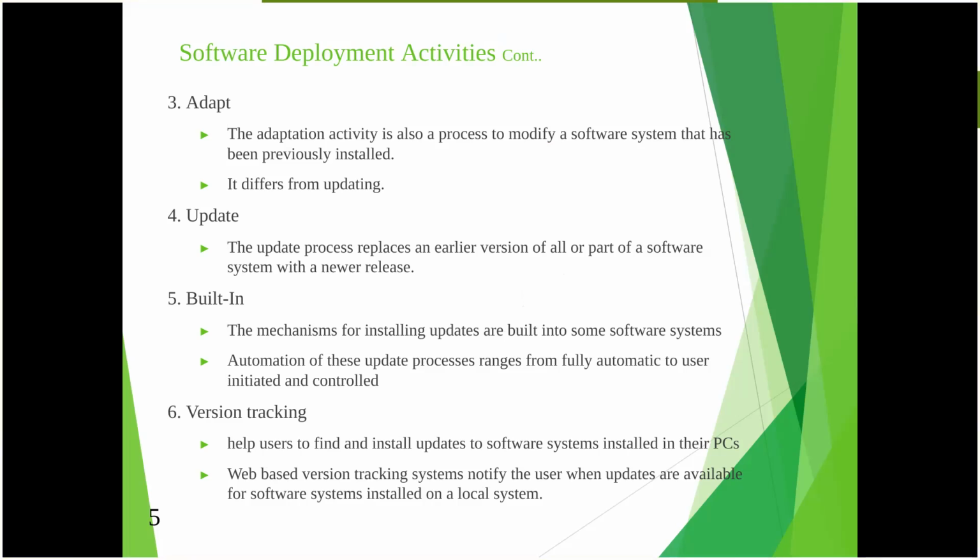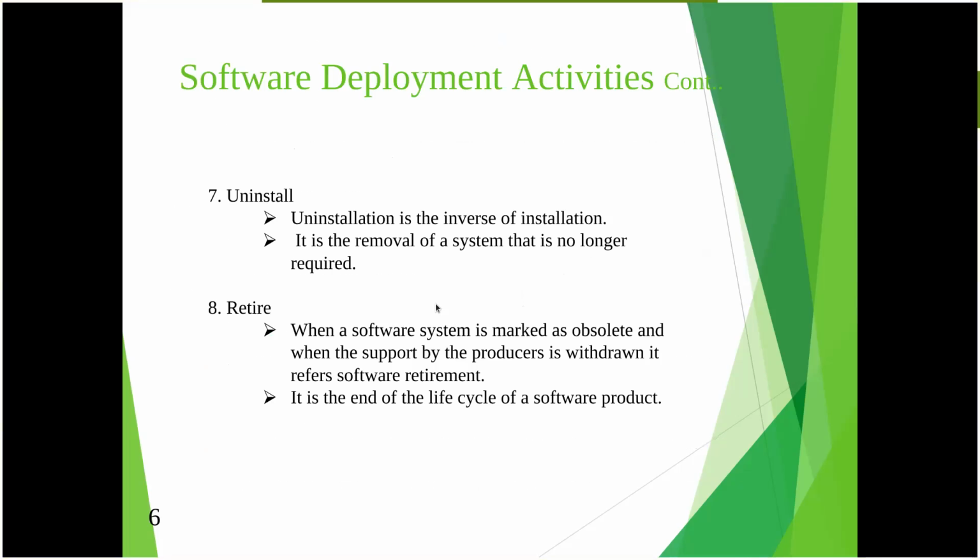Uninstall: if you want to remove the software from the computer, there is a way to uninstall it, because when software is installed, program code goes to several places in the computer.